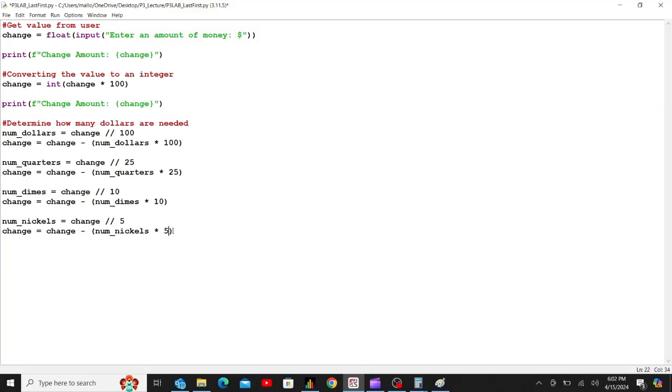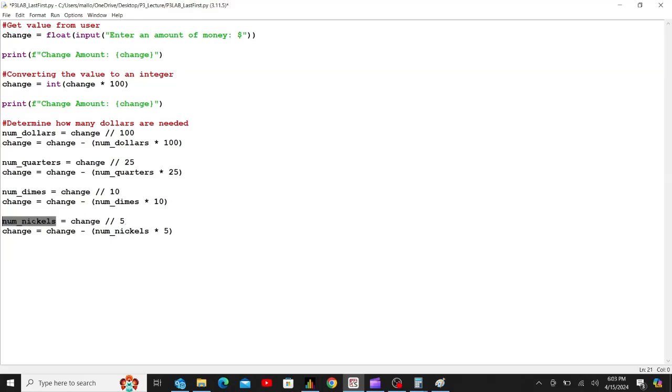All right. So let's think about our example here. Change was equal to 4 right up here. And if we substitute that 4 in for the variable change here, we say 4 integer division 5. So how many times can 5 go into 4? The answer is 0, right?